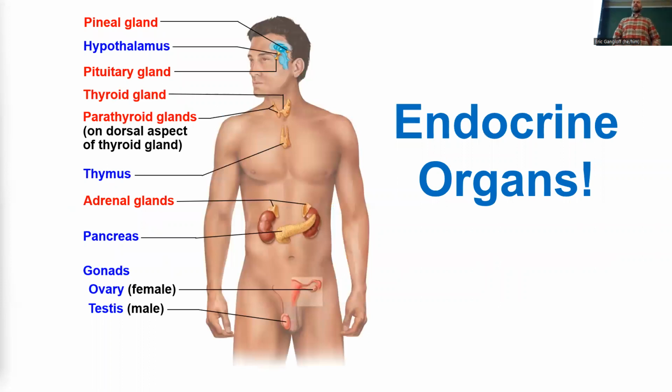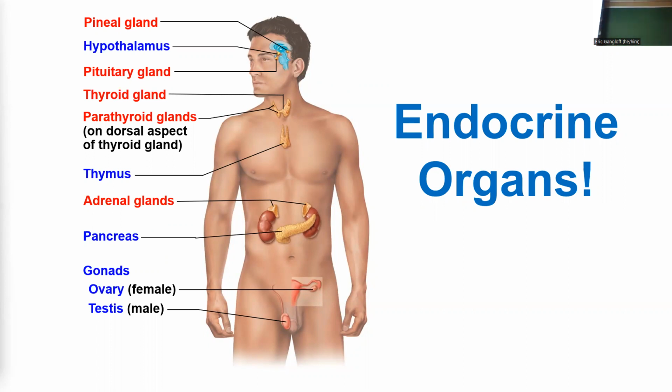So we've been talking about the endocrine system the last couple of days in class. Remember our major endocrine organs here. Those in red are essentially only endocrine organs. Those that are labeled in blue, remember, serve a dual function. So they're endocrine organs, but they also serve other roles. For example, the hypothalamus is essentially part of the brain and also an endocrine organ.